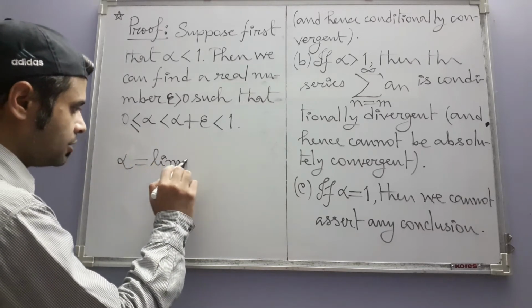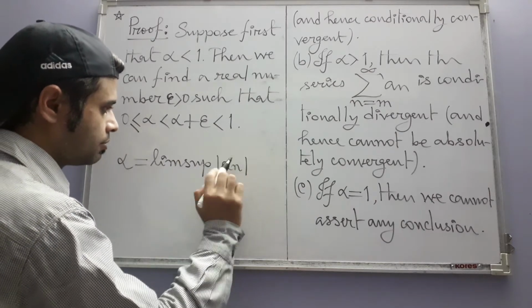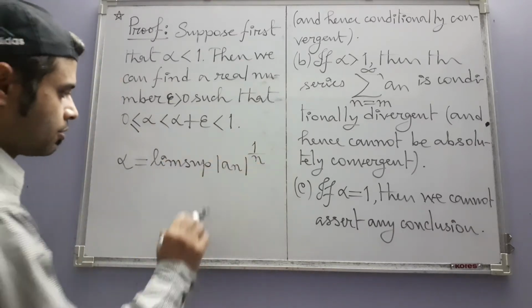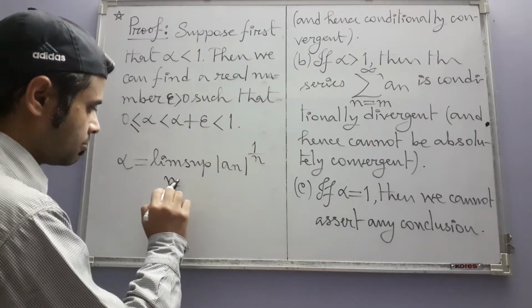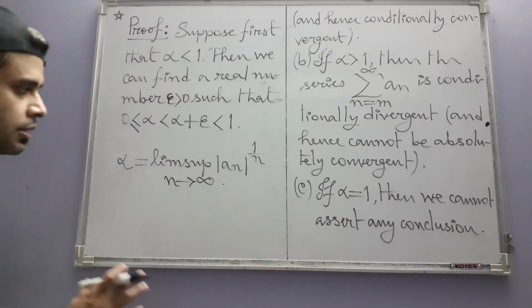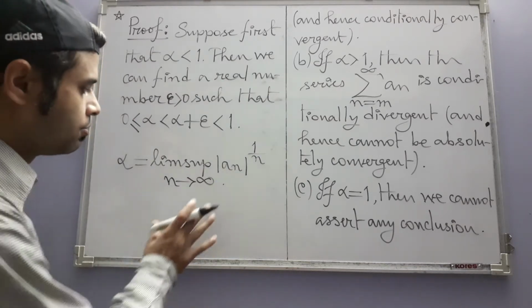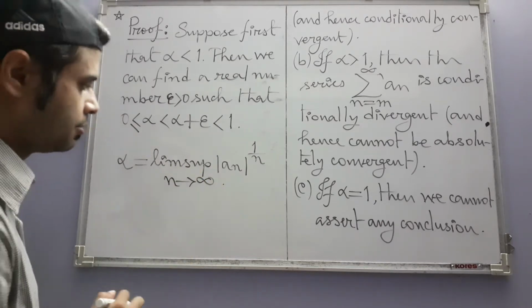Alpha is by definition the limit superior of a sequence whose terms look like this. So that requires us to go back to the definition of limit superior. At least we should be able to recall what limit superior is by definition.